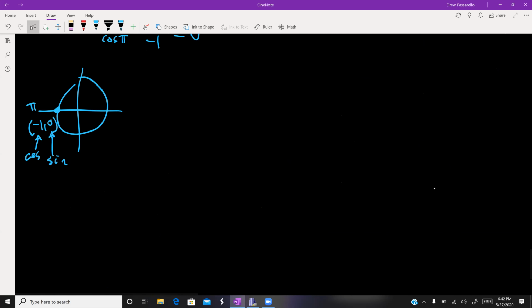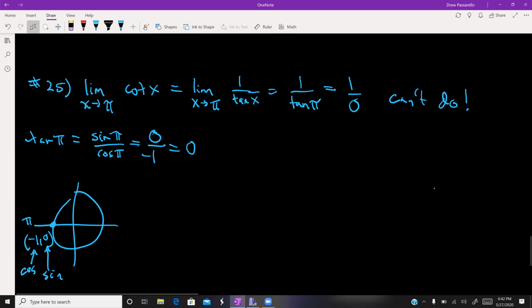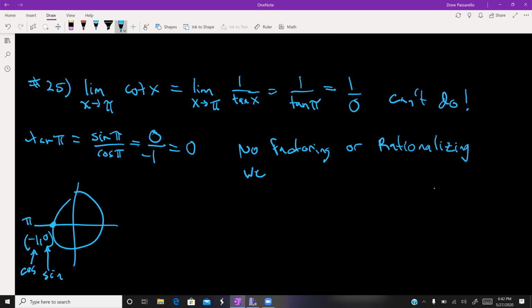There's no factoring we can do to simplify the function, or rationalizing. So all else fails, I try looking at its graph.